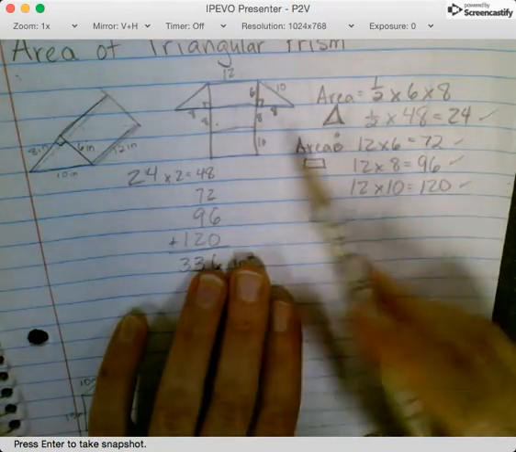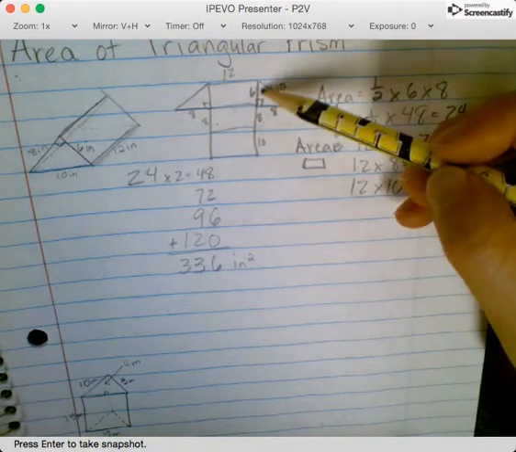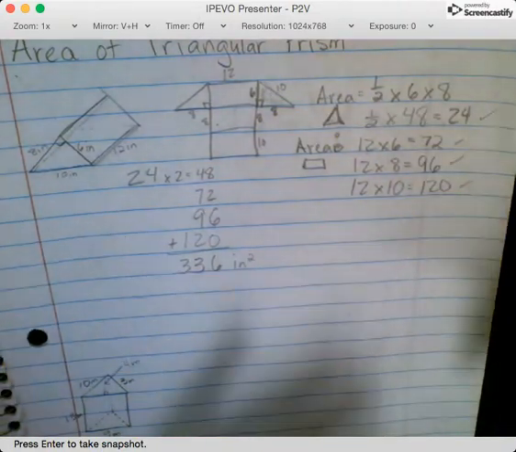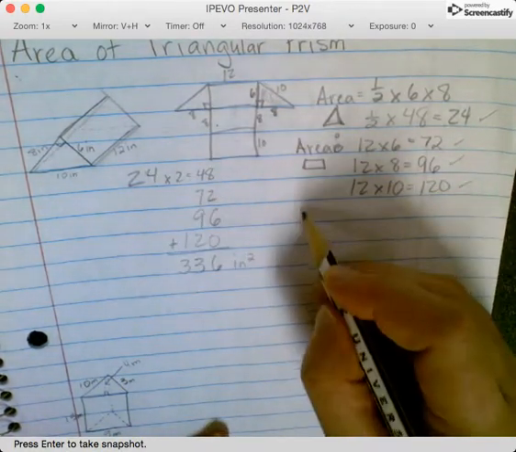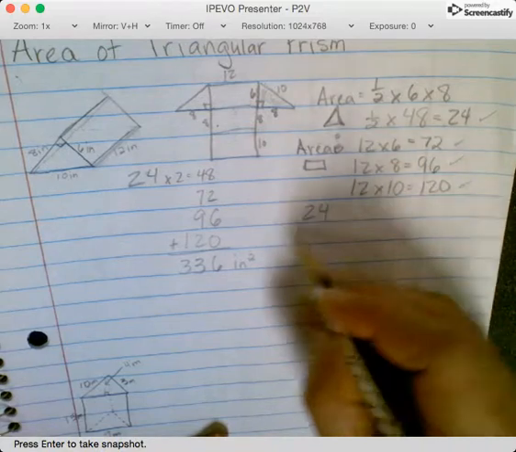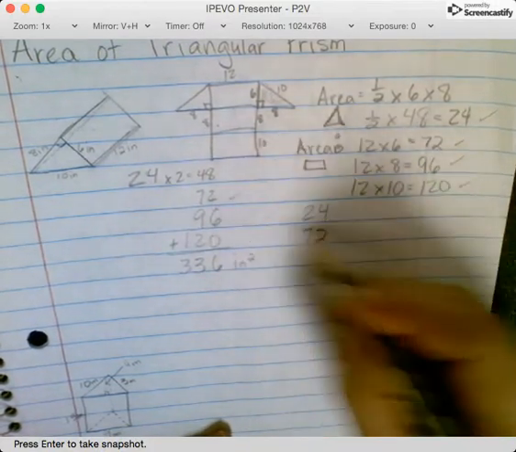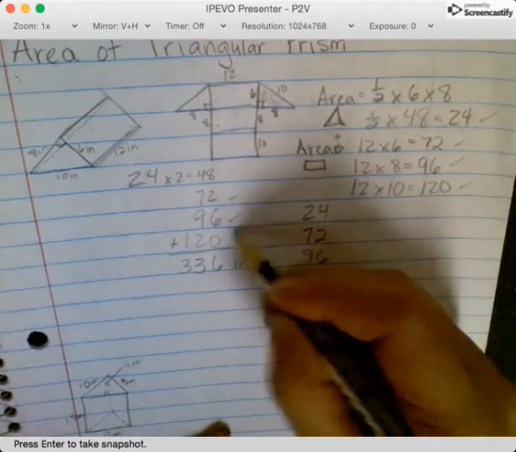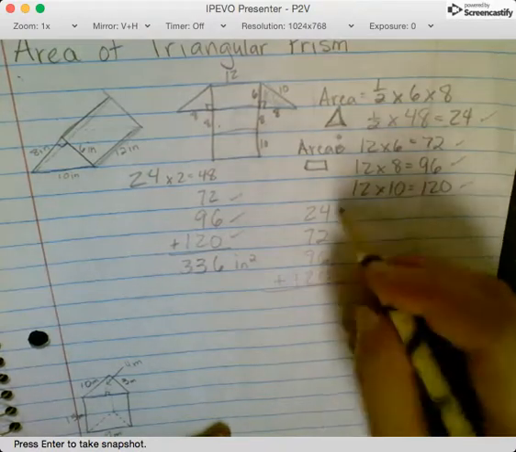Now I want to show you, just like on the other video, if I had an open side. So let's pretend we only had 1 triangle, and that would make, instead of 2 24s, it would just be 24, 72, 96, and 120. So there would be 1 triangle, and then one of each of the rectangles.